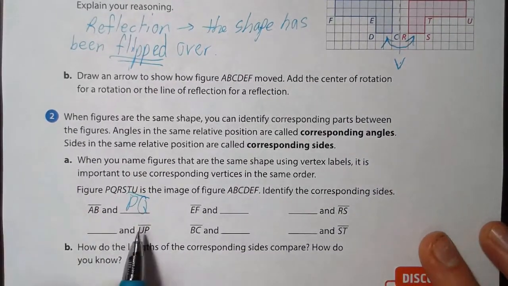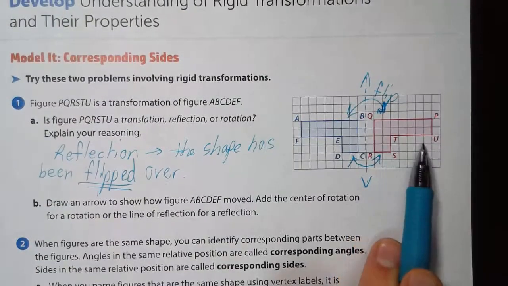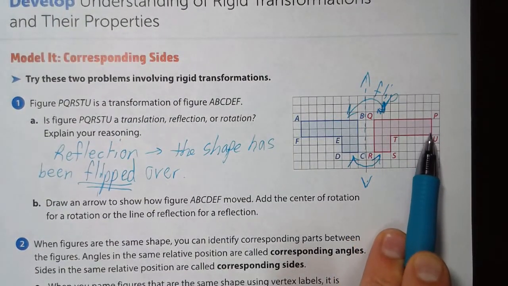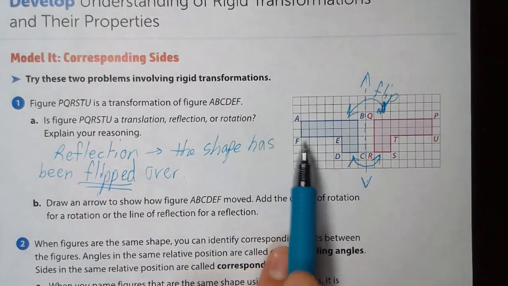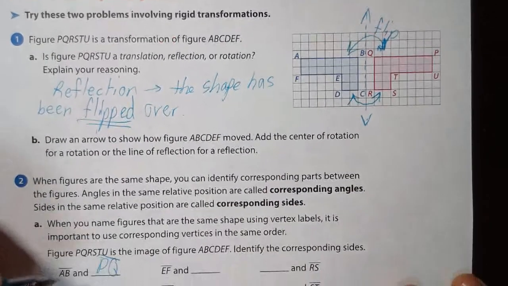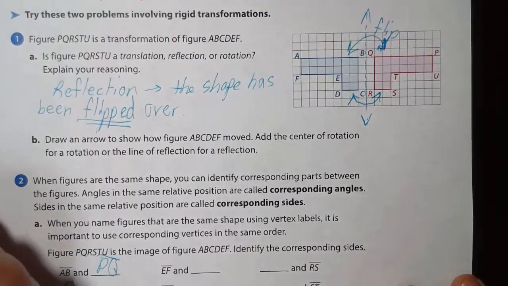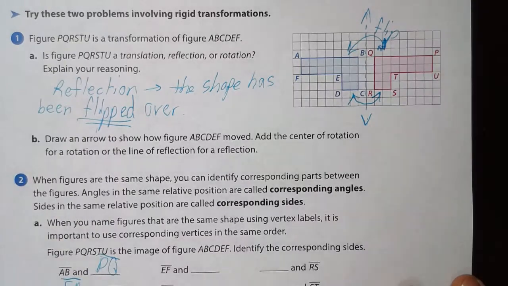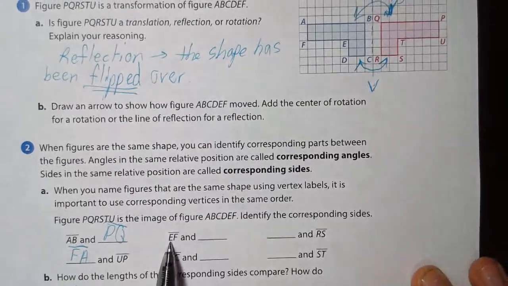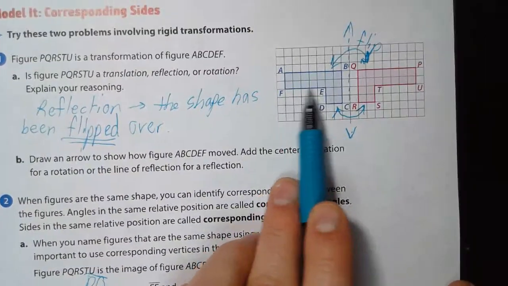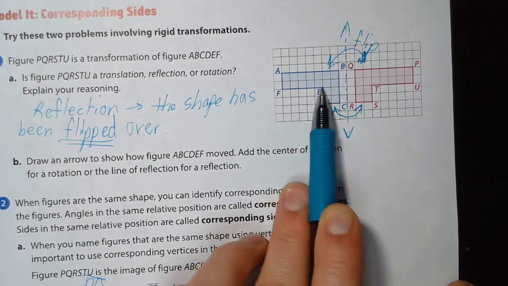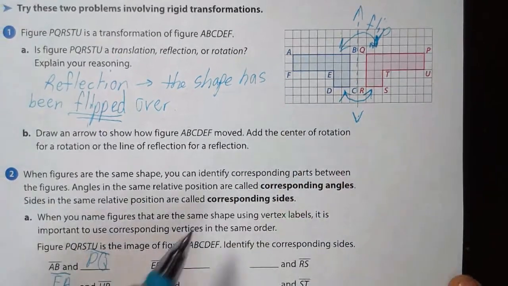Okay, how about this? UP. So UP right here was FA or AF, same thing. Okay, EF, and you can do this without me now once you understand. EF is the same as TU.